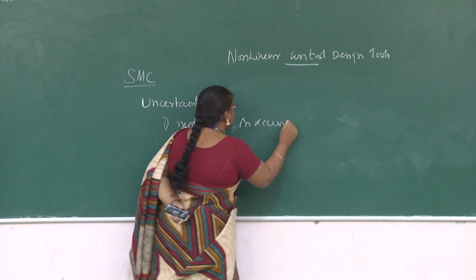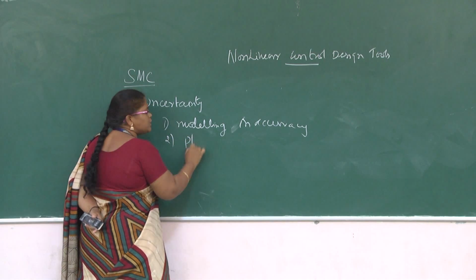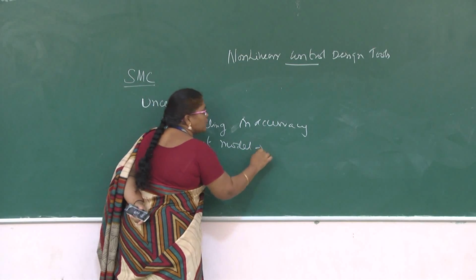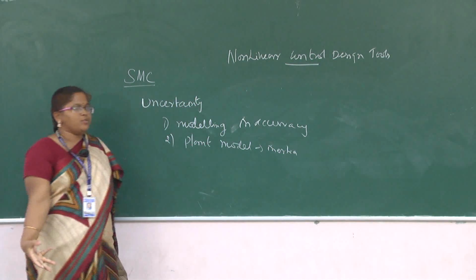And then the second reason is, in the plant model itself you may have some non-linearity, for example, inertia. So in the plant itself we have some non-linearity.